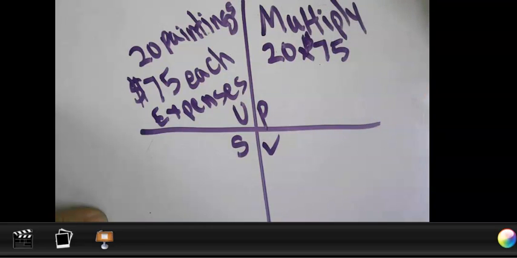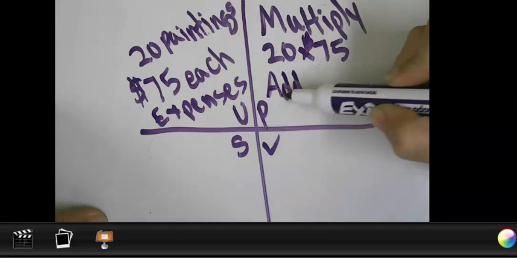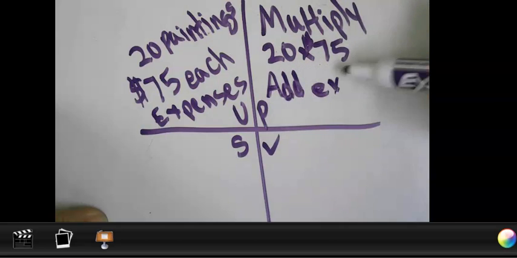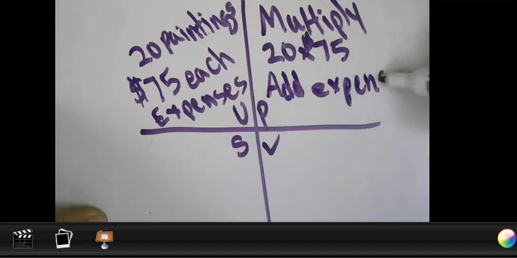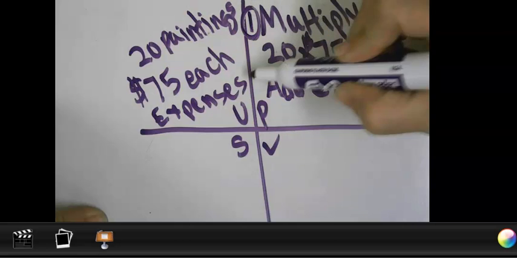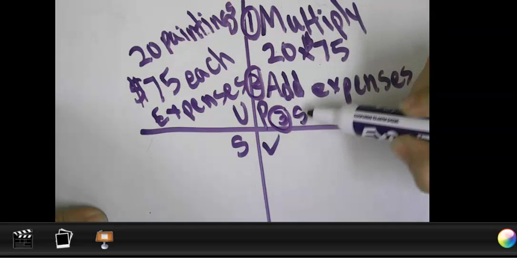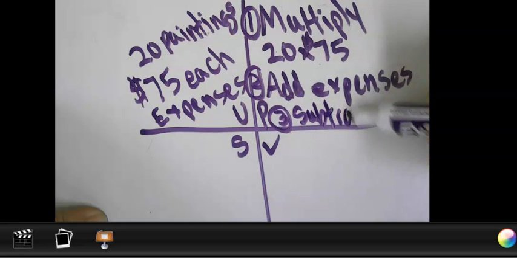Another thing we're going to do is add the expenses together. And then the last thing we're going to have to do is subtract the expenses from the amount of money that she received. So this is step 1, step 2, and then step 3, we'll subtract expenses.